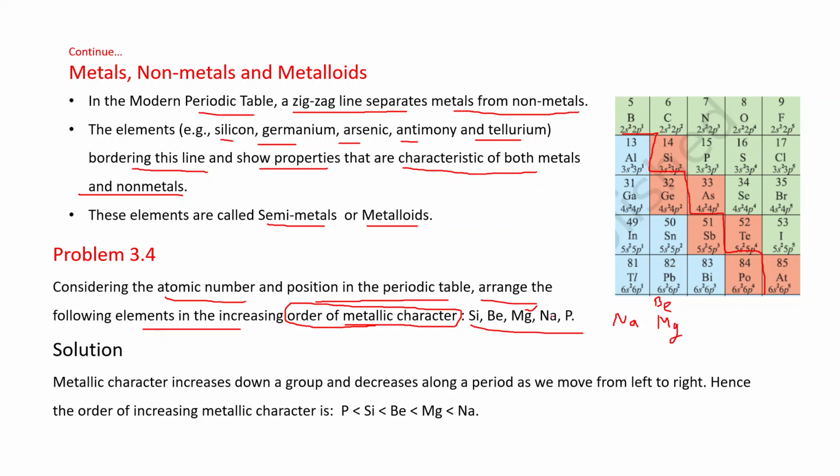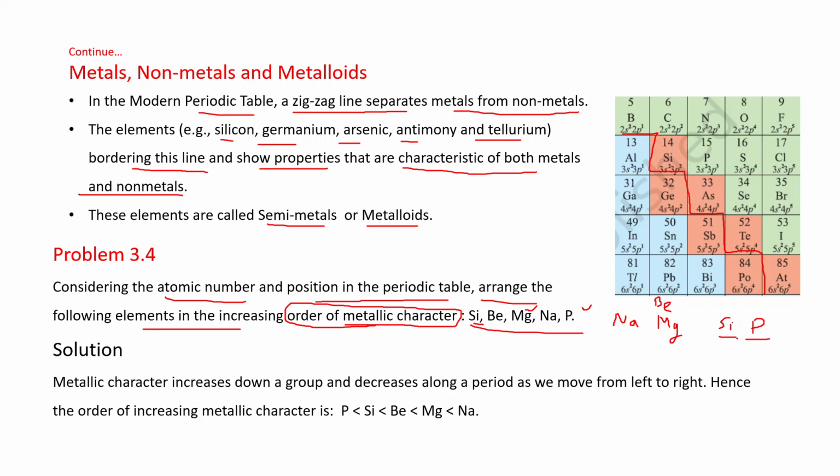Then after that silicon. This is a group 14 element in third period. Phosphorus. This is a group 15 element in third period. This is the position. Now we can say which one is the most left hand side. This is the most metallic. That's why least metallic is phosphorus.